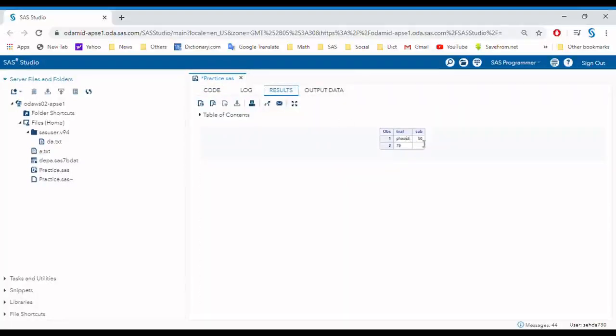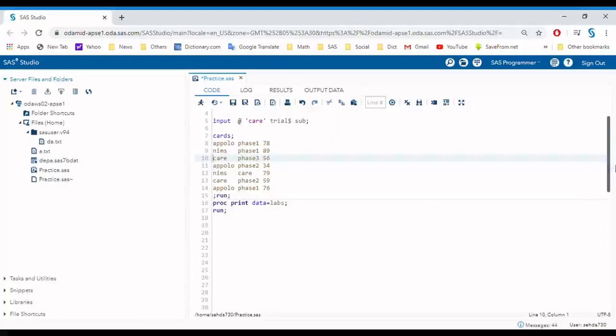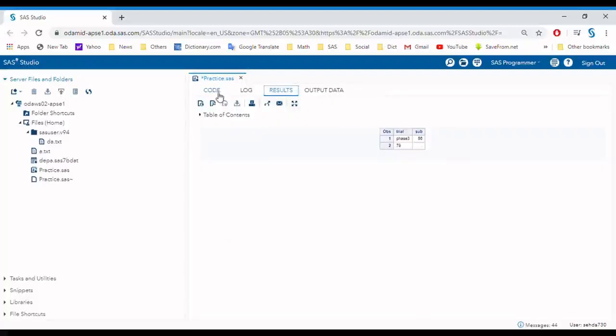Then phase 356. So at the first attempt it got it because, as I told you, it looks line by line. In the entire line it will look for that. The care will be looked for in the entire line, and wherever it finds care, that particular column will not be read. So it got care over here, and then it skipped the column, and then it read phase 356, which is why phase 356 is over here.